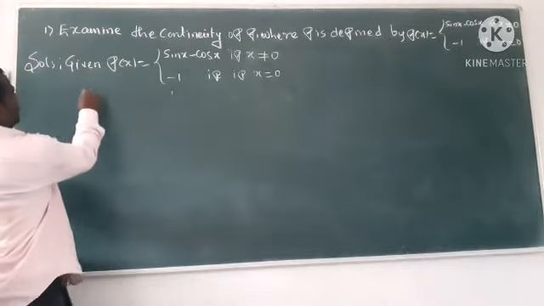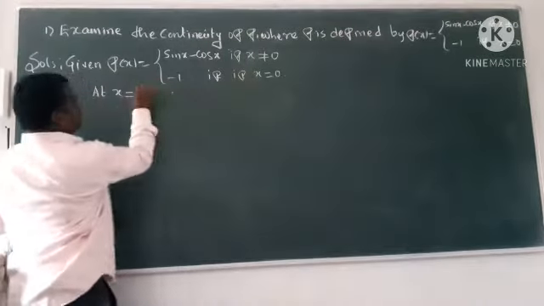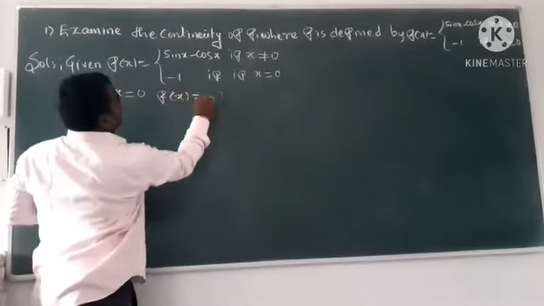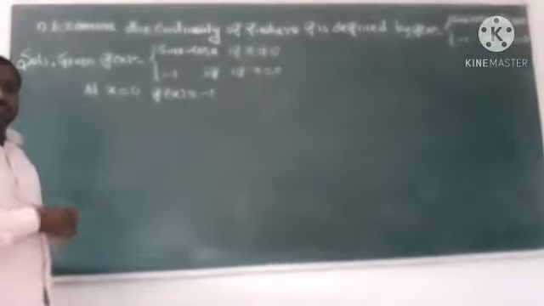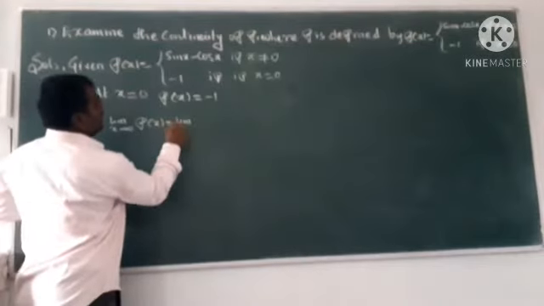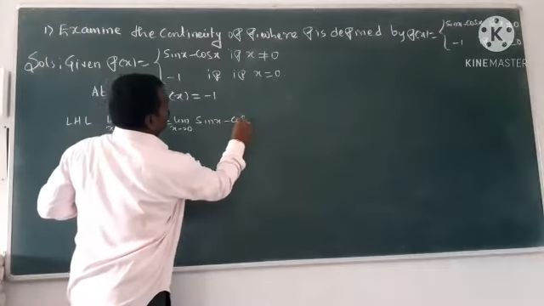Look at this one. At x is equal to 0, the function f of x is equal to minus 1. That is one point. Another one is the LHL, limit x tends to 0 minus, which I can do directly here. f of x is equal to limit x tends to 0 of sin x minus cos x.